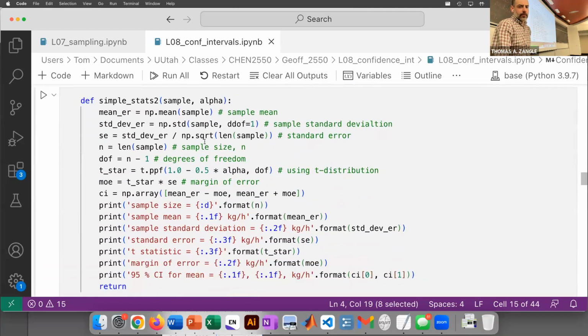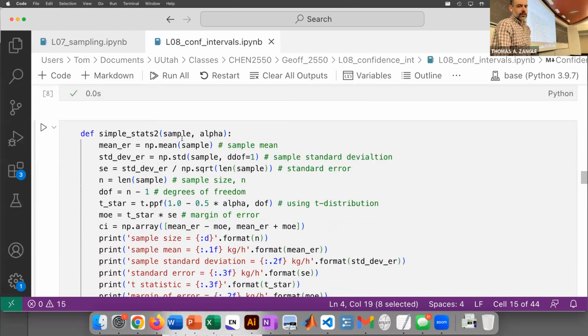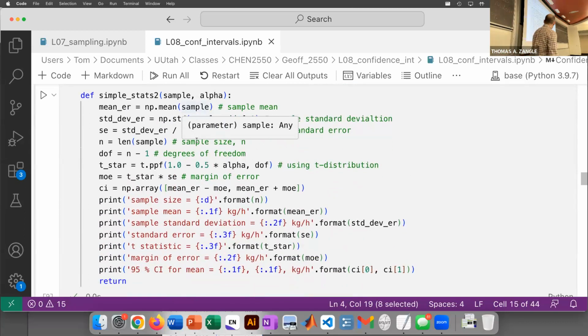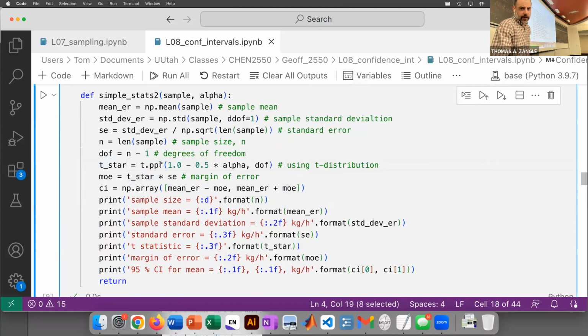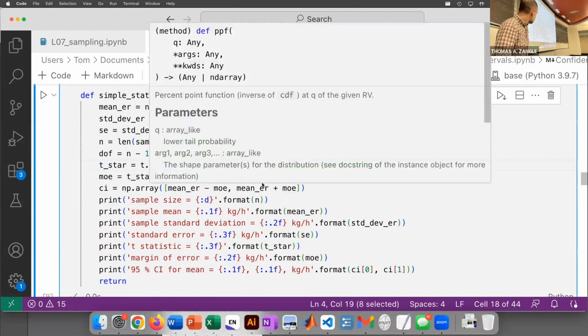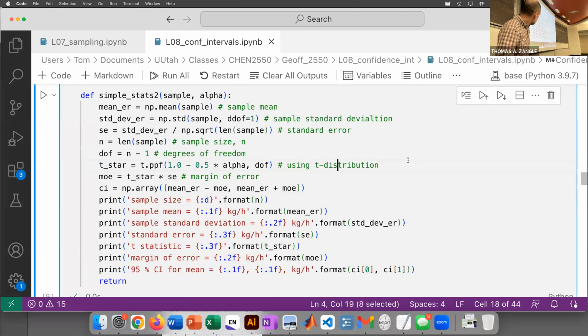And so in this code, we're now going to compute the confidence interval at 95%, at a 5% significance level, using the t statistic. Note that we're using the PPF function to find the t statistic that corresponds to a given value of alpha, in terms of the area under the curve.